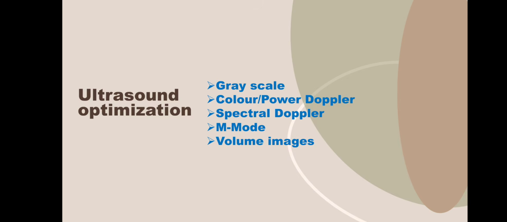Don't blame the machine before checking your settings. Sometimes a simple adjustment of gain, focal zone or probe angle dramatically improves image quality. Always remember that ultrasound is highly operator dependent.